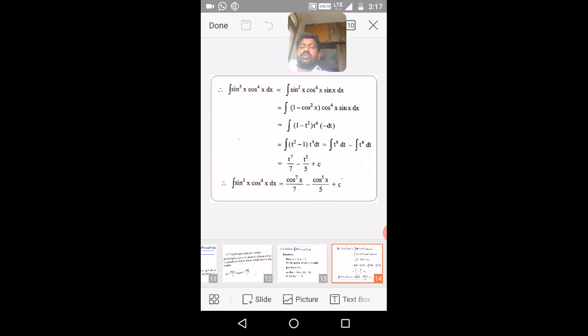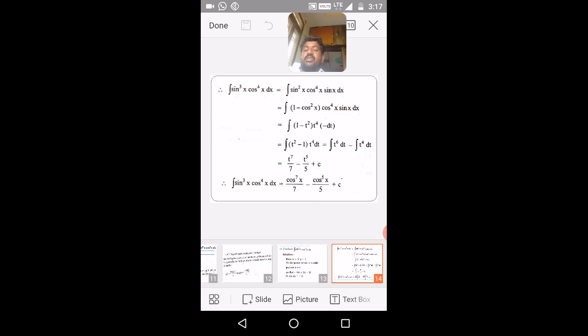So here it is 1 minus t square into t power 4 and sin x dx is minus dt. Let's multiply the terms 1 and minus t square with t power 4.